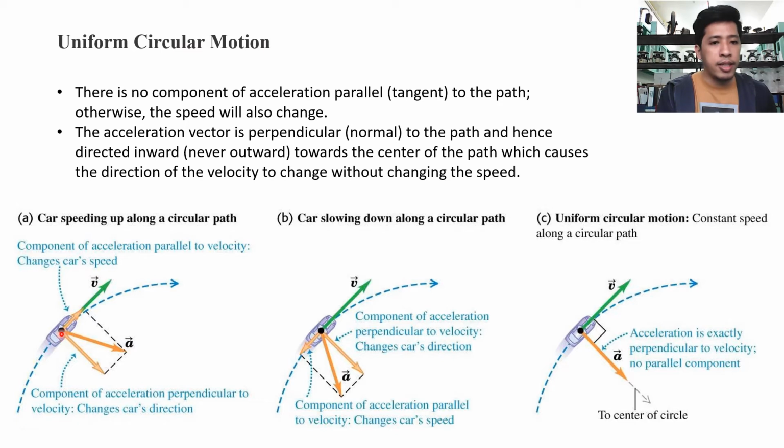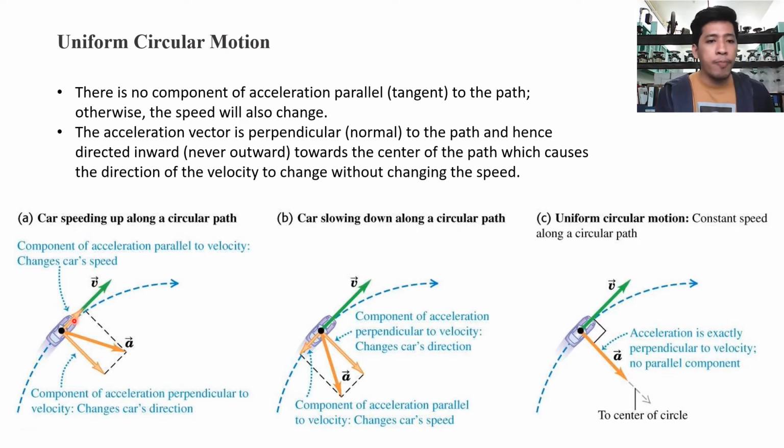And this one is what causes the particle to move in a circle. And there should be no component of the acceleration that is parallel to the path, like say for example this one here. We should not have a component of the acceleration which is parallel to this path here.